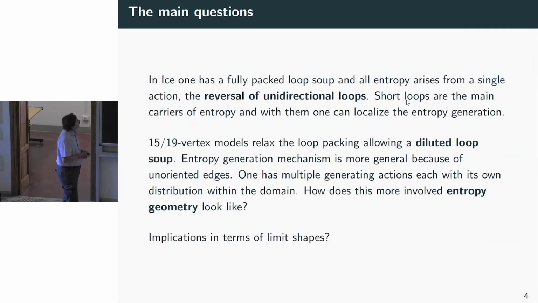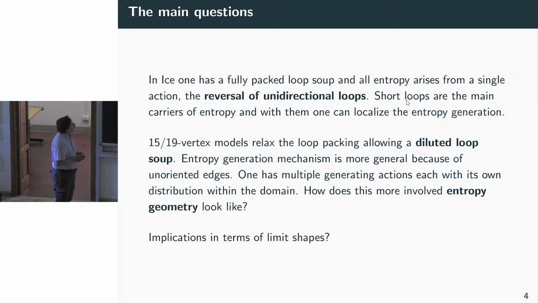And the questions that I want to, in a general way, get some answers to are these. Ice you can view as a model of fully packed loops, directed loops, and the entropy in that model arises from the only thing that you can do there to perturb the configurations, which is reversal of these unidirectional loops.